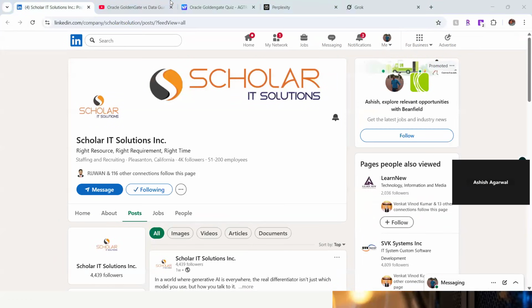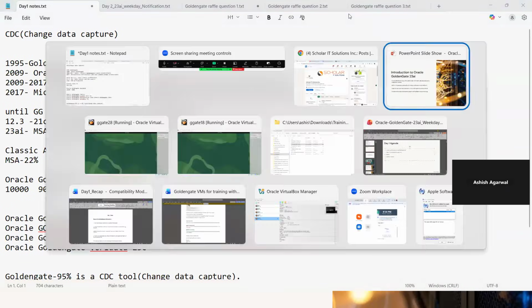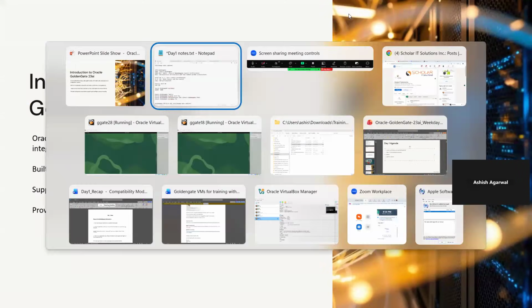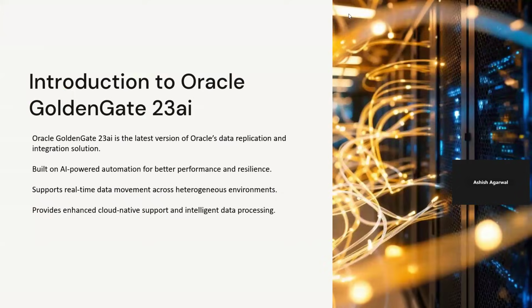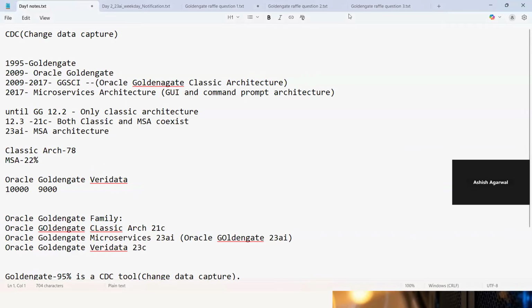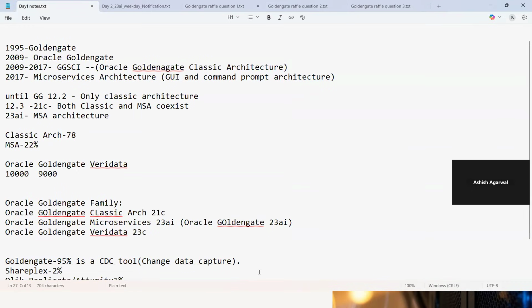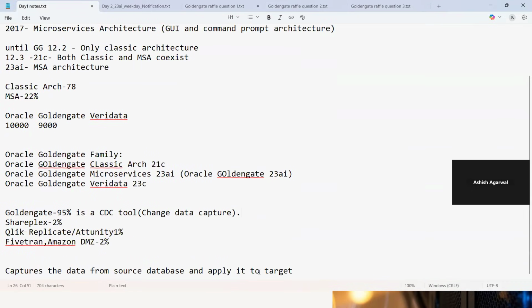There are financial reasons as well as technical reasons. If I talk about the various competitors of GoldenGate available in the market, and I'm telling you these numbers as per the Oracle website, 95% of the market share is held by GoldenGate.